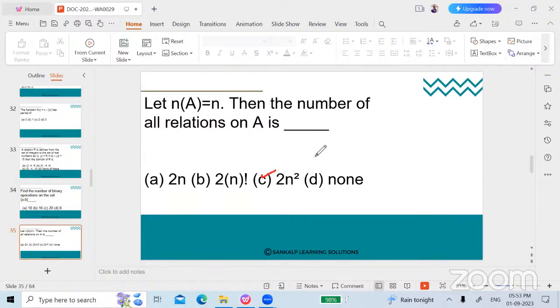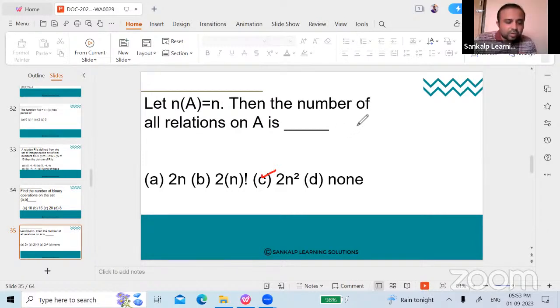Try to understand now. For example, consider the set A such that the cardinality of A is equal to n. Then the number of relations on this is how much? It will be 2 to the power n square. Cleared?